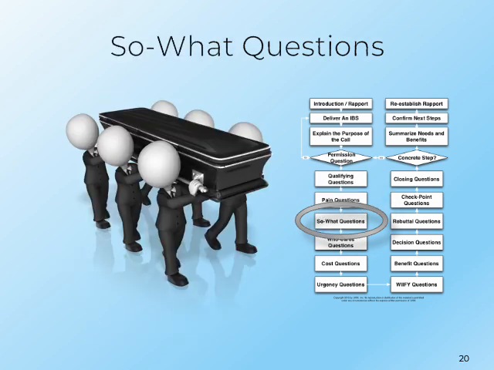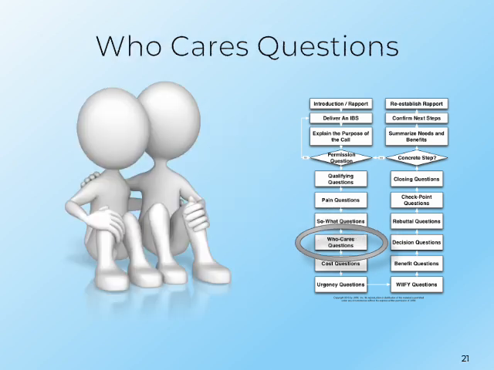We then ask what happens if they can't meet their goals or overcome their challenges, with so what questions such as, if you can't make your sales objective, what happens? We do this in order to start to magnify the problems and make them seem bigger, more critical, and therefore more worth doing something about.